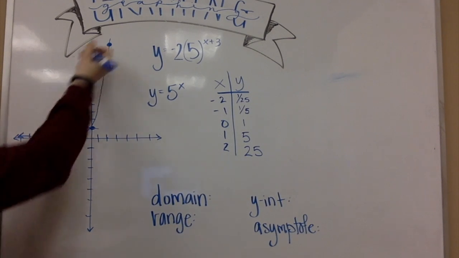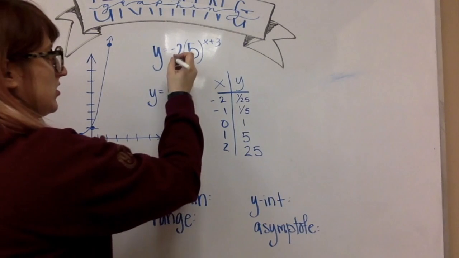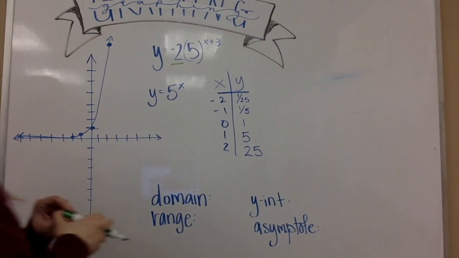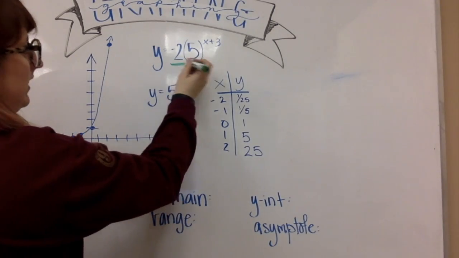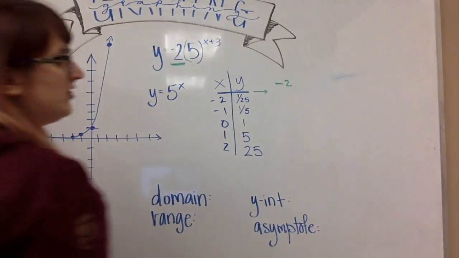All right, my parent function being y equals 5 to the x. Next, I'm going to graph the stretch. So the stretch right here is -2. Let's see if I can get a better marker. That's blue. So in order to graph this stretch right here, what I'm going to do is I'm going to multiply all my y values by -2.